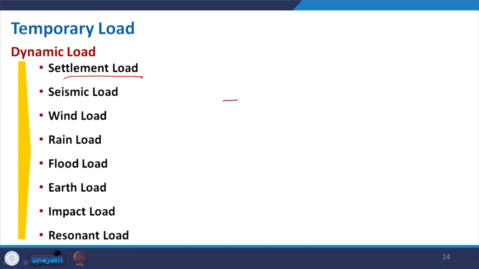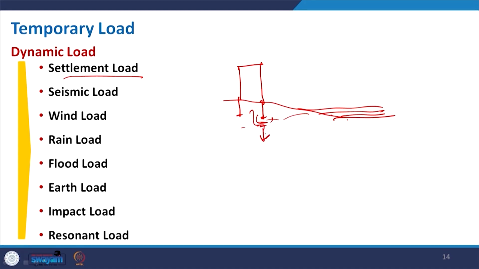Say for example, your building is here and you have this foundation, and this area has some water body and groundwater table. Sometimes this particular land sinks a little bit down.